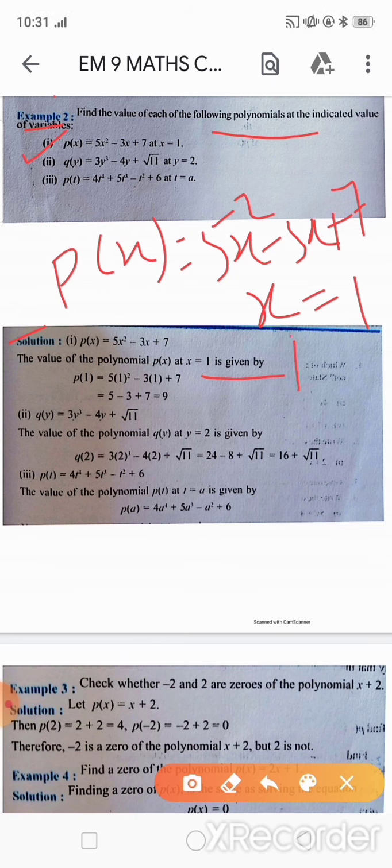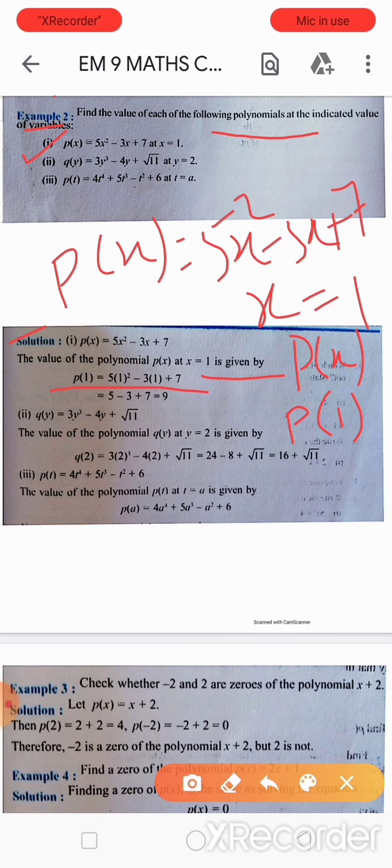So we write p of 1 is equal to 5 into 1 whole square minus 3 into 1 plus 7. Multiplying, 5 into 1 square is 5, minus 3 into 1 is 3, and plus 7. Subtracting and adding we get the answer 9. So at x equal to 1, the polynomial value is 9.